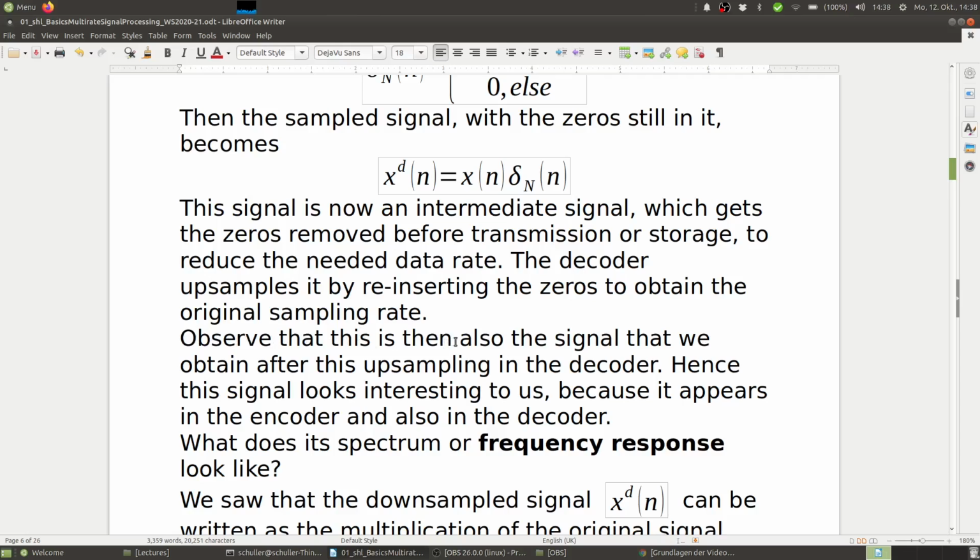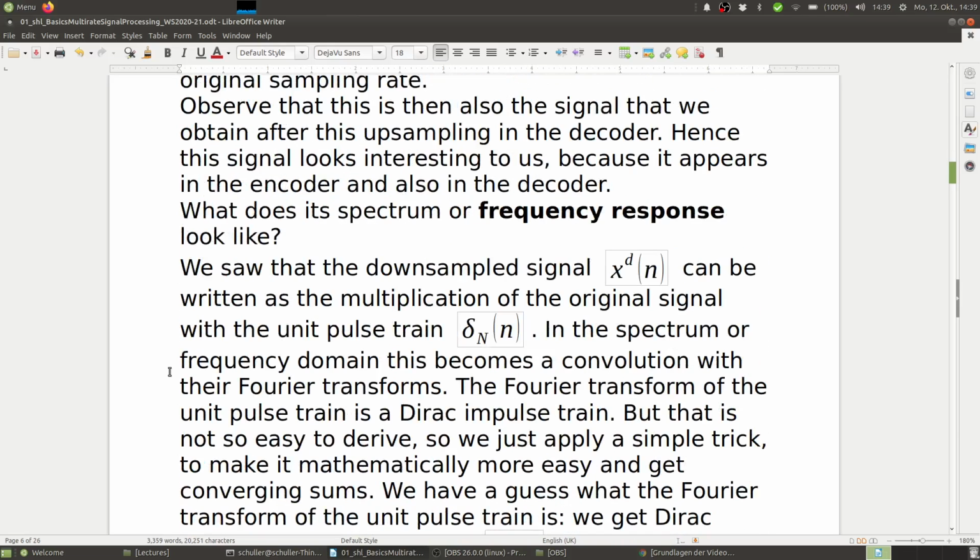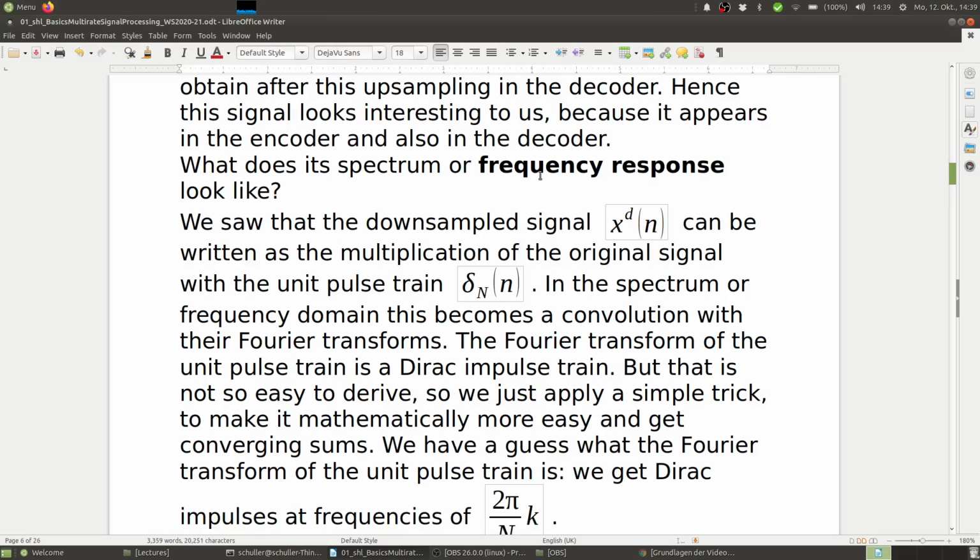Observe that this is then also the signal that we obtain after this upsampling in the decoder. So it appears twice, in the encoder and the decoder. Hence this signal looks interesting to us because it appears in the encoder and also in the decoder. So what does its spectrum or frequency response look like?